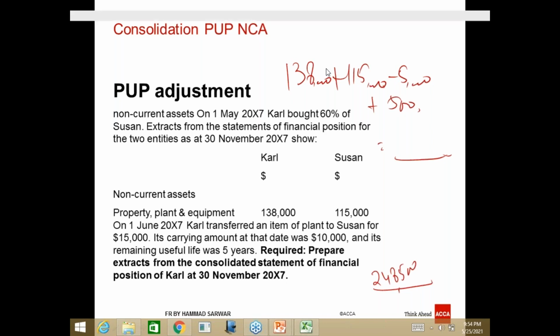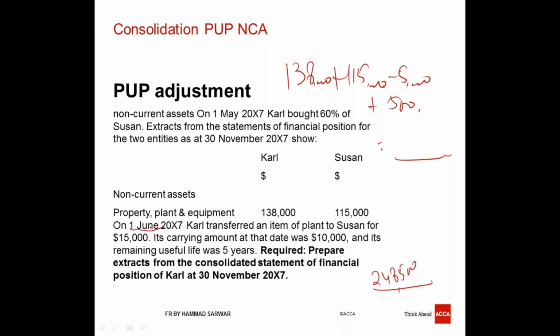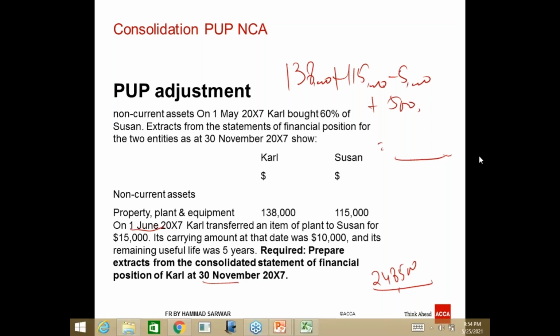Yes, 5,000 divided by 5, we got the value of 1,000. But we can see here that this transaction took place on 1st June. So from the 1st June till the 30th November 2007, you need to make the adjustment for the 6 months depreciation. So that's why I took 6 by 12 of 1,000.